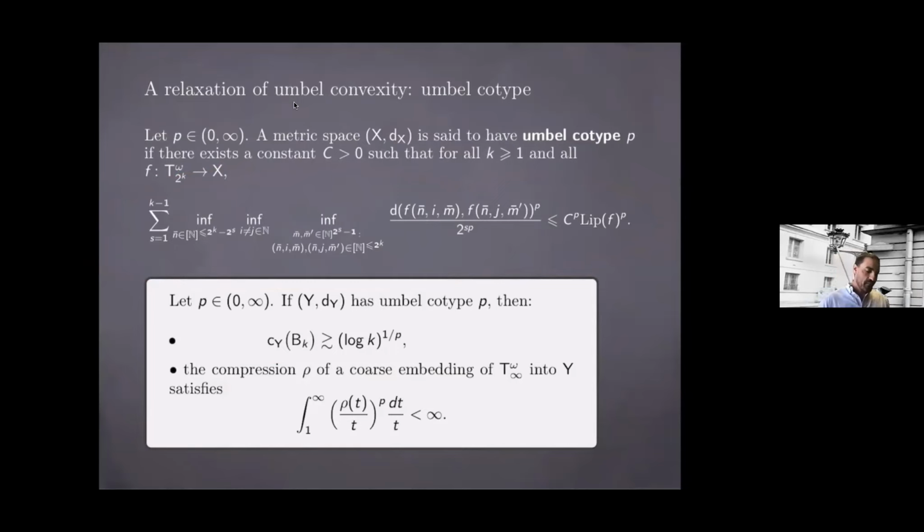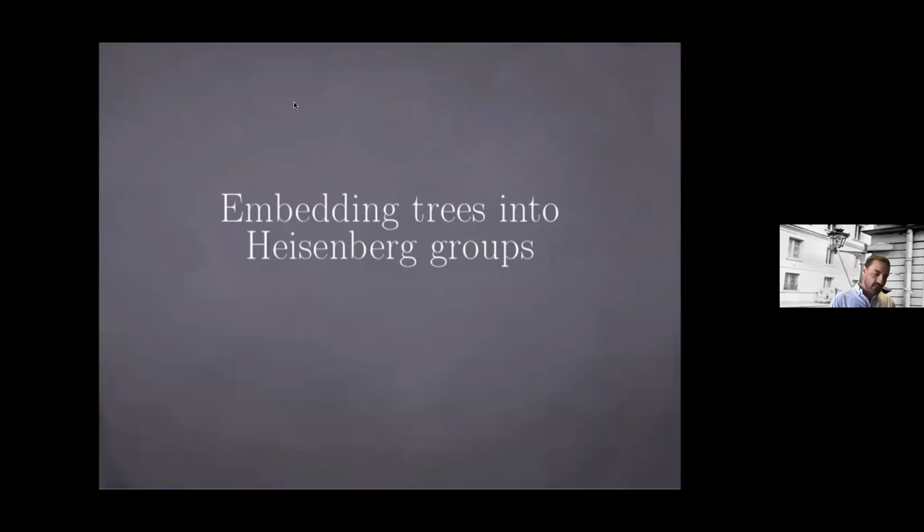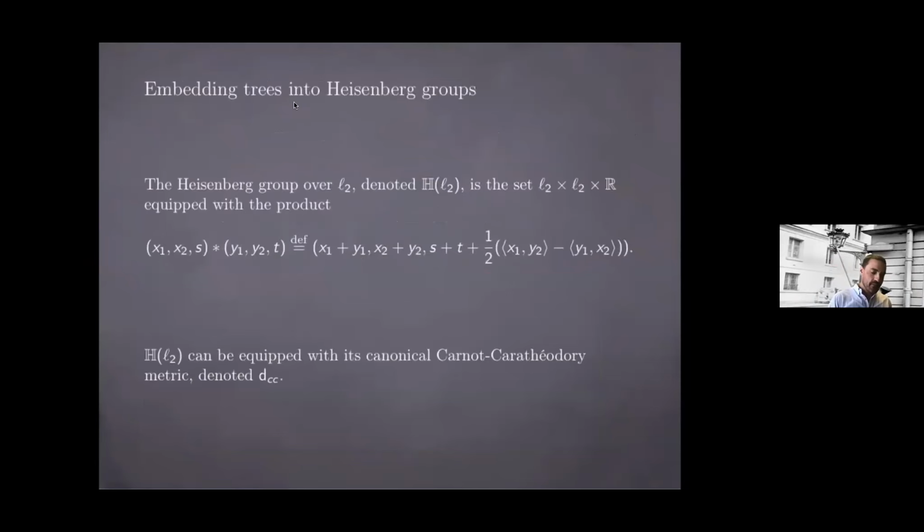And let me give you an example of why this becomes very interesting. The example is when you try to embed trees into Heisenberg groups. You don't have to know much about Heisenberg groups. For us, it's just going to be a metric space with some specific metric. Here I'm looking at an infinite dimensional Heisenberg group, okay? So take Hilbert space, right?